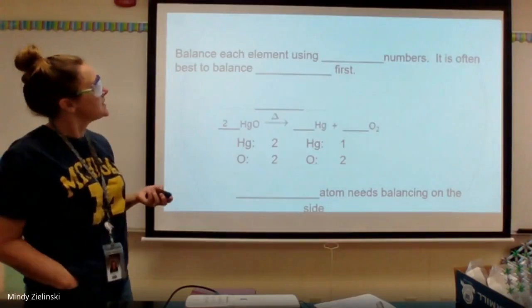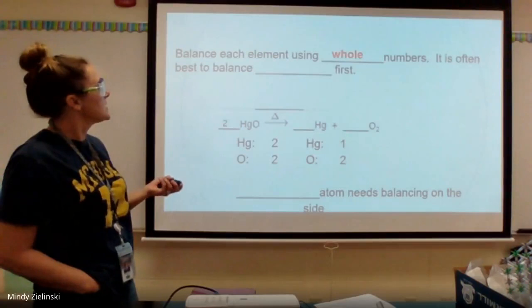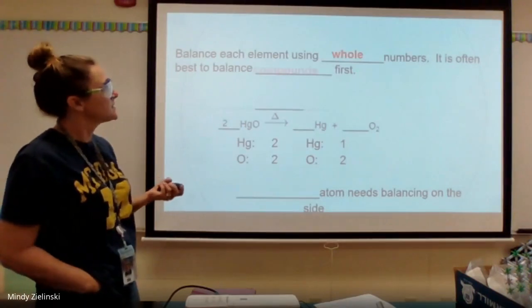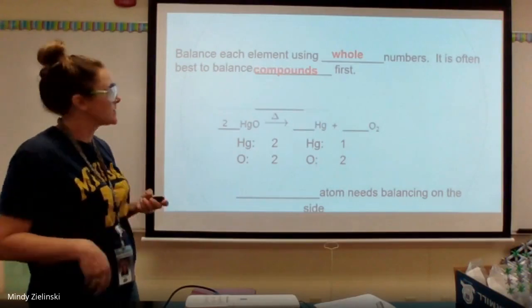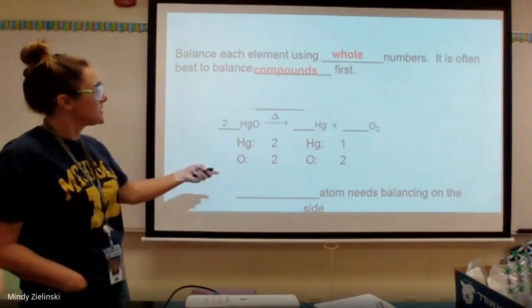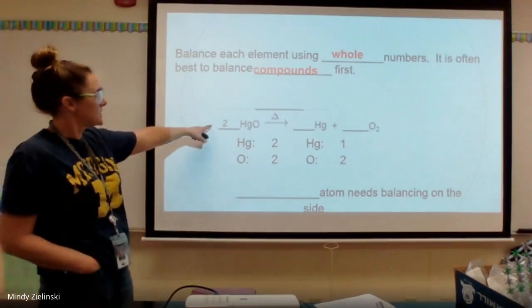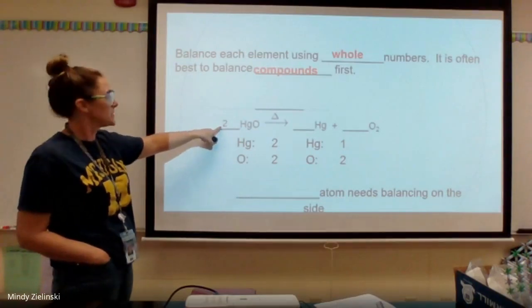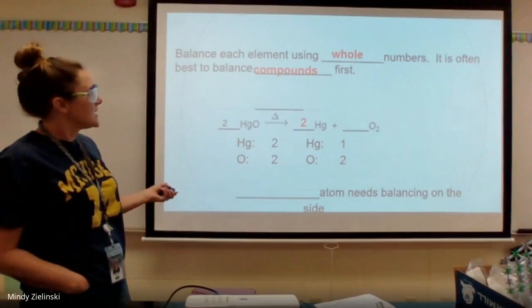So balance each element using whole numbers that we're going to call coefficients. And just a hint, sometimes it's best to try and balance the compound first, and then worry about balancing a standalone element. So just something to think about. As we look at this, we already realized that oxygen was a problem. So we put this number 2 over here by mercury oxide, because we recognized that we had to do that.